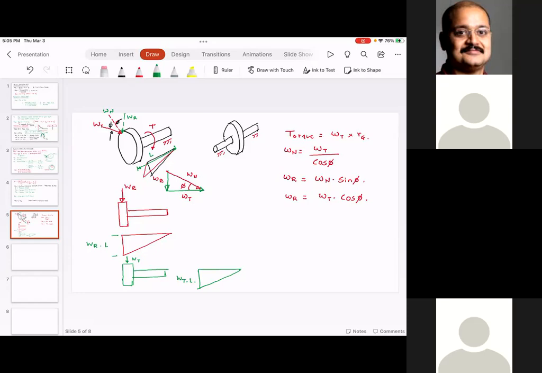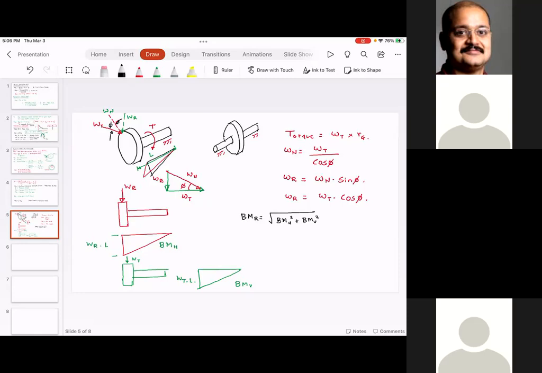So you have BM in the horizontal plane, BM H, and BM in the vertical plane, BM V. The resultant bending moment, BM R, is equal to the square root of bending moment horizontal squared plus bending moment vertical squared.